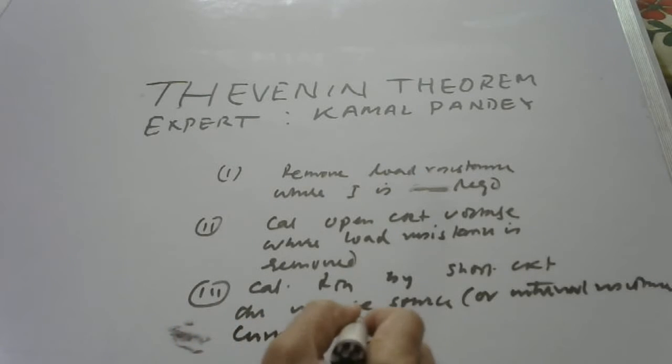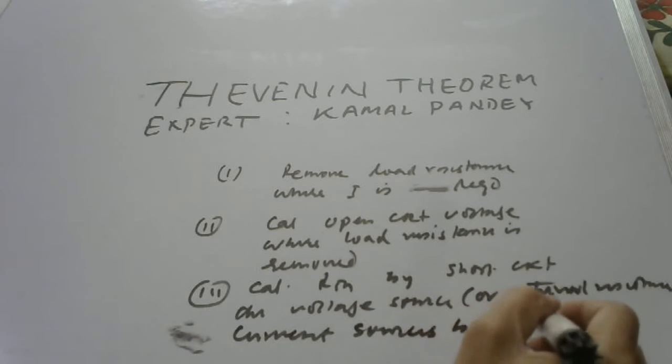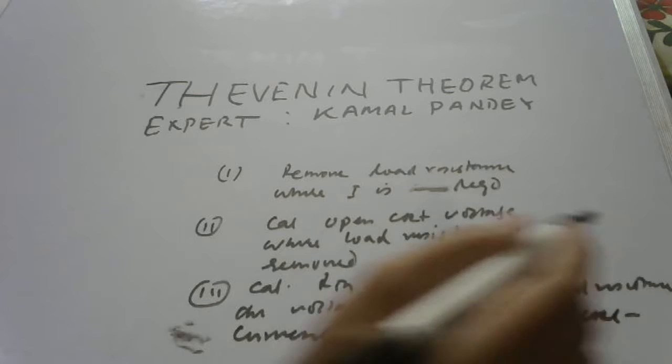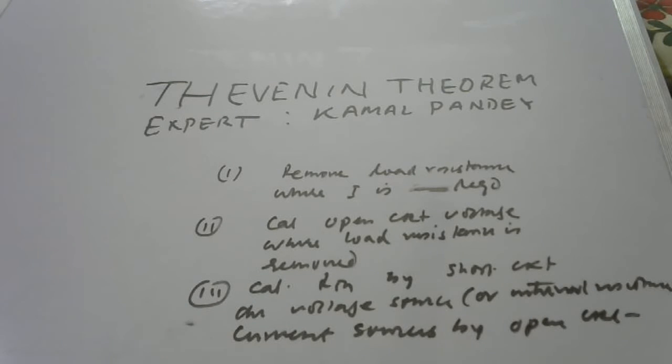If there are current sources, to calculate the RTH, we open circuit the current source.